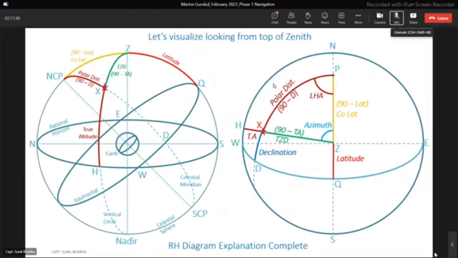So in this diagram, you can clearly see if the LHA is less than 180, P will be equal to LHA. And if the LHA becomes more than 180, that means the triangle is being made on the eastern side, and in that case, the angle P will be 360 minus LHA.